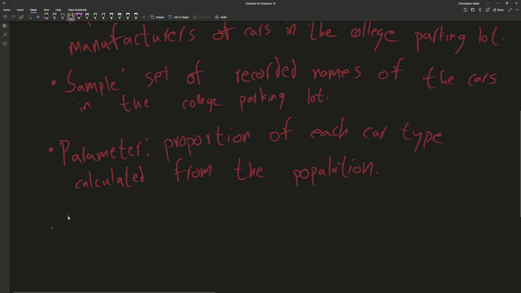And our statistic, this is going to be the proportion of each car type that's calculated from the sample. Remember, our statistic should be an estimation of our parameter.